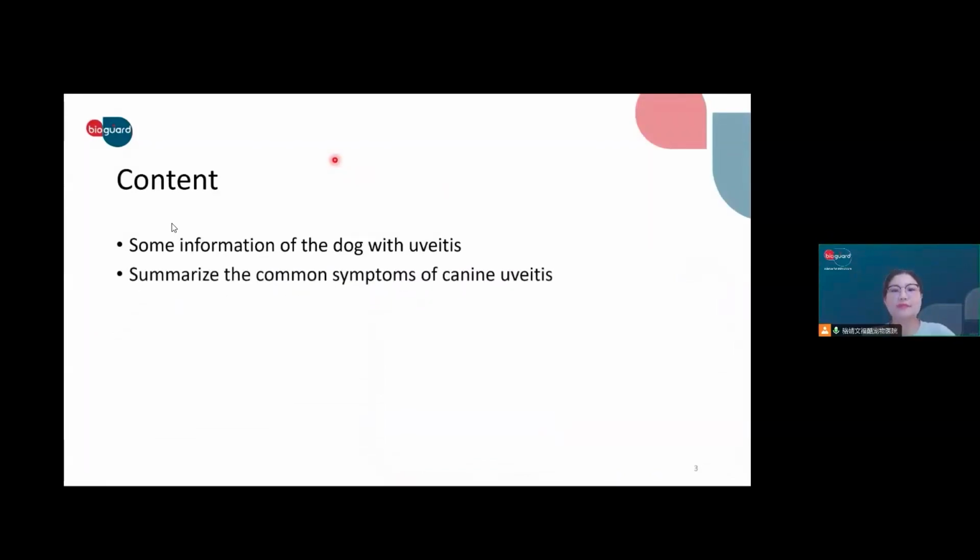Okay, let's take a look at what we are going to share tonight. Firstly, we start with some information of the dog with uveitis. This is a real case. And then we summarize the common symptoms of canine uveitis.